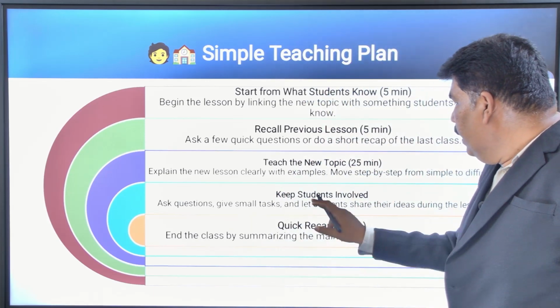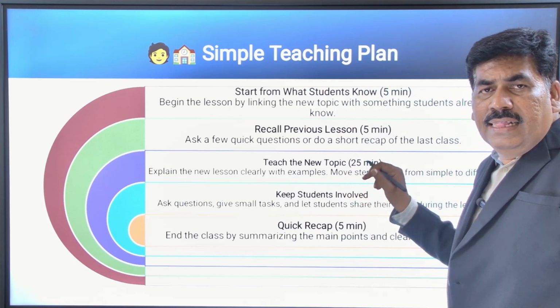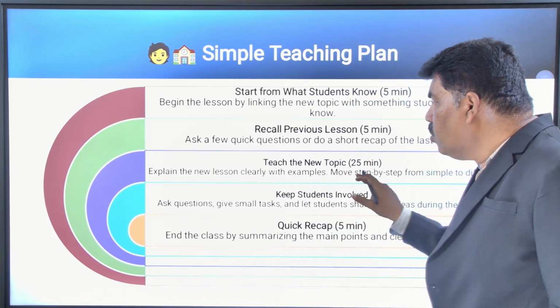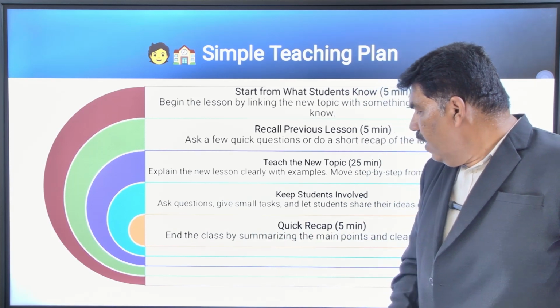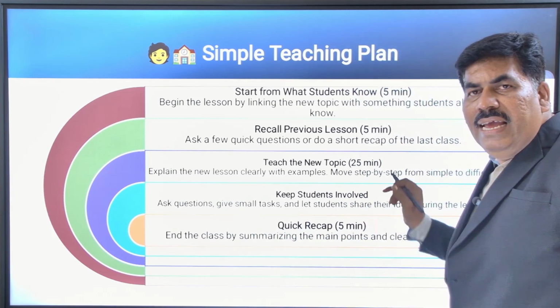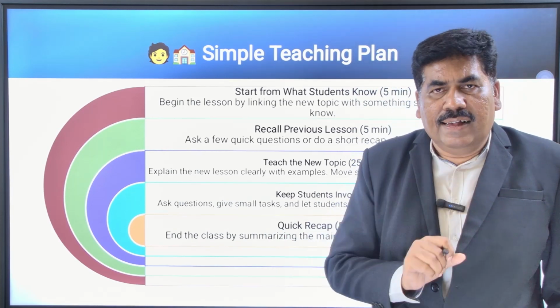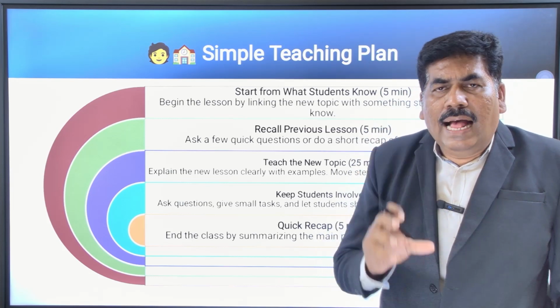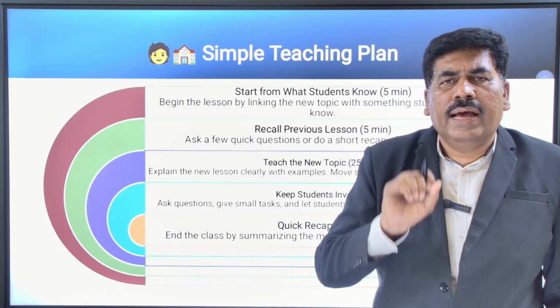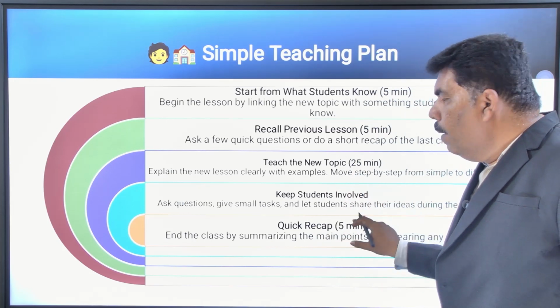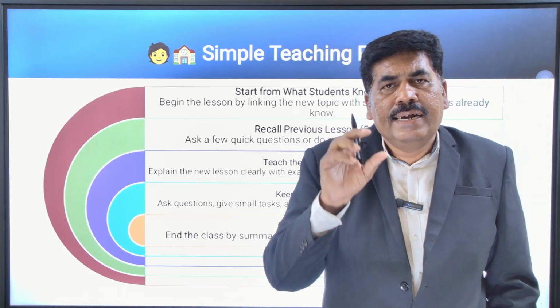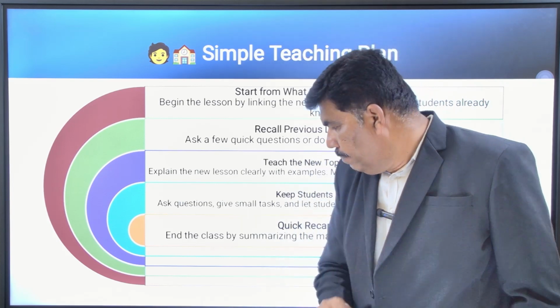While teaching those 25 minutes, keep the students involved by asking questions, giving small tasks, and letting them share their ideas. The class should be more engaging, with students actively participating in the topic discussion.